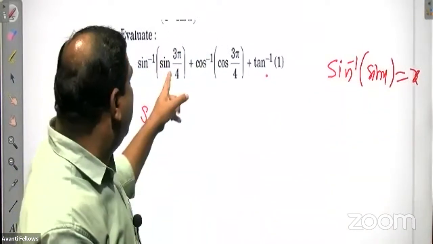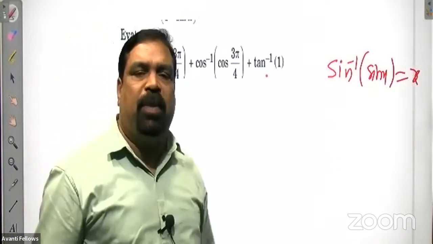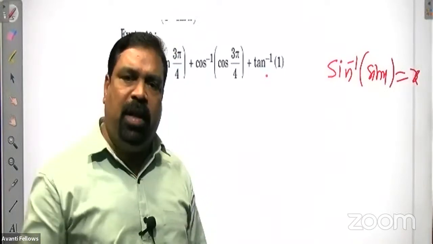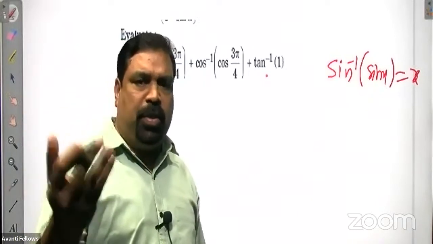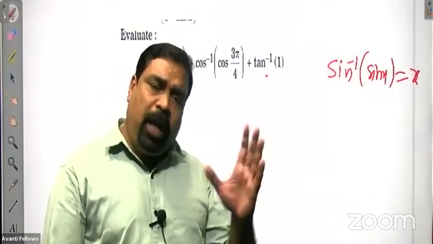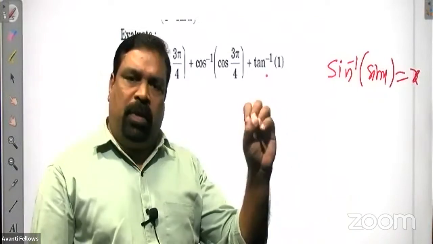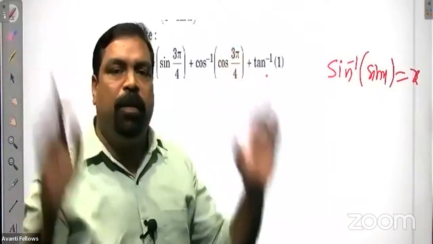But here you see 3 pi by 4. 3 pi by 4 does not belong to that principal value branch of sine inverse. 3 pi by 4 means in degrees 135 degrees. Very clearly that does not belong to the principal value branch of sine inverse. So we have to convert that value into some value which is in between minus pi by 2 and plus pi by 2.